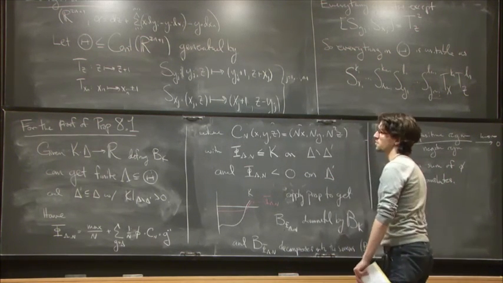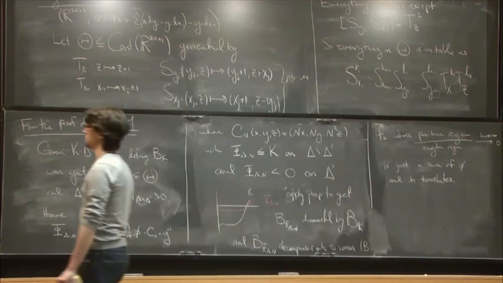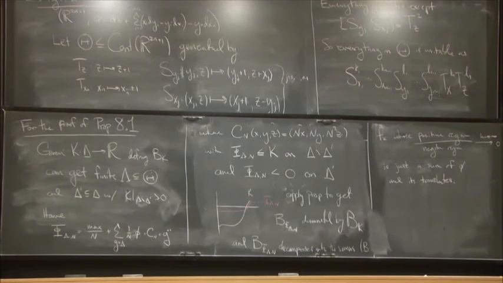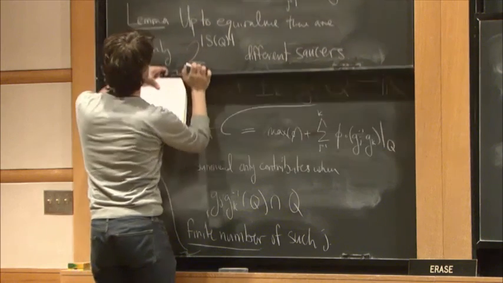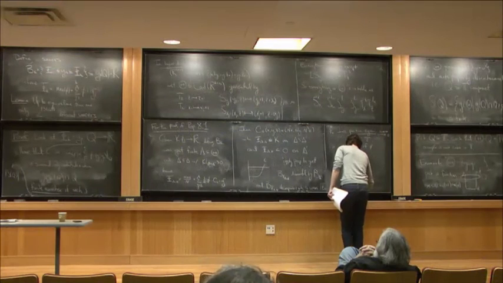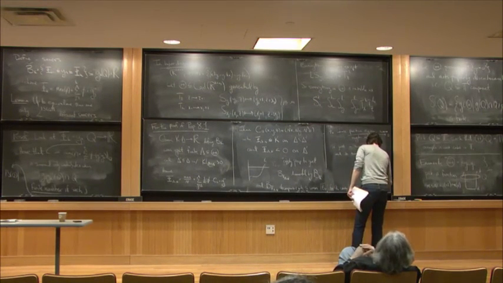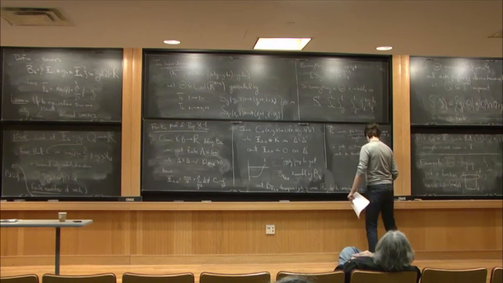Bad notation, whatever these things. Into the saucers for k coming from a list of 2 to the size of this S Q saucers.